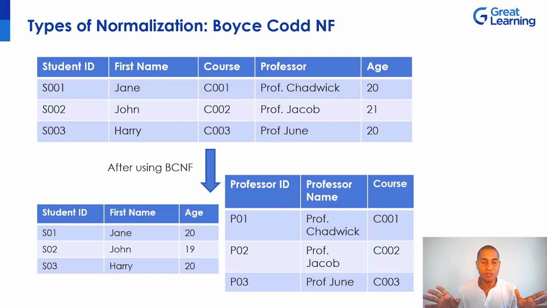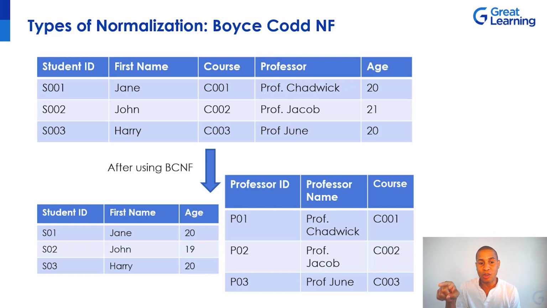So in order to avoid that, we also want to do what we've done in our third normal form, which is separate those two by their primary key and ensure that all those columns are functional. We can do that by separating the student ID, first name, and age, which is completely dependent on the student ID.